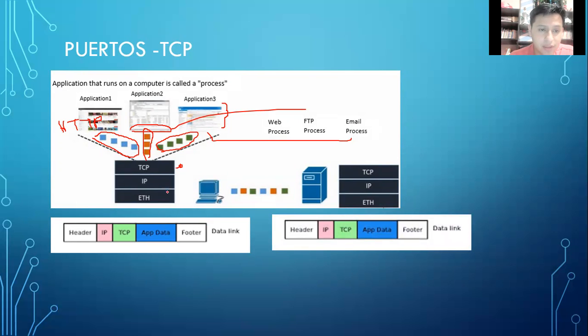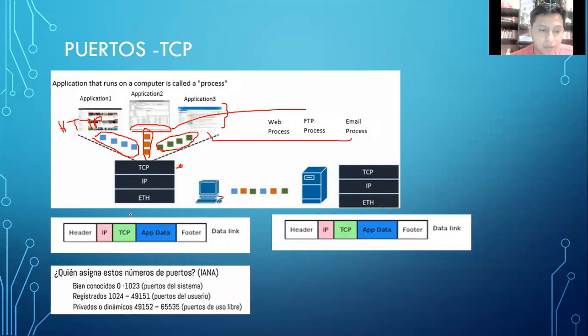These ports are the origin port and the server port. The origin ports are classified in three ranges: 0 to 1023 are the system ports, 1024 to 49151 are the user ports, and the rest are the free ports.